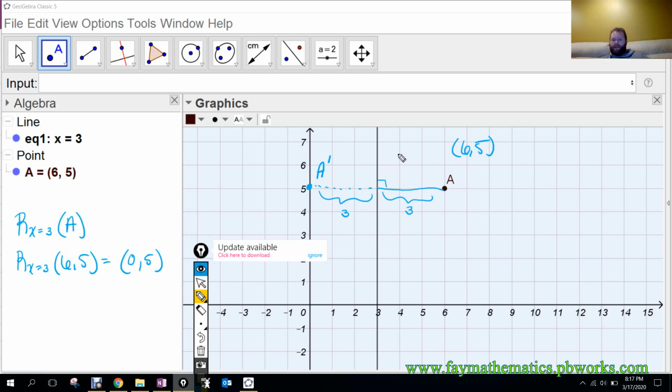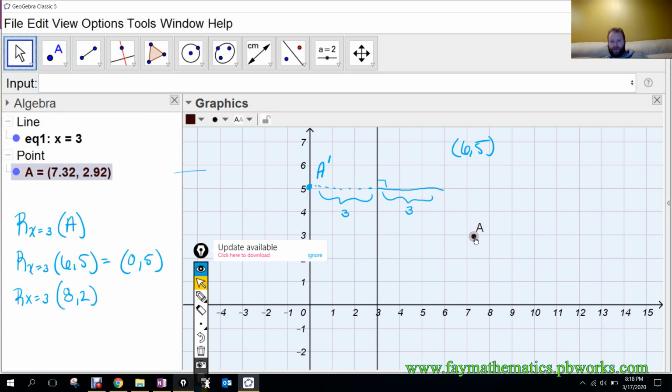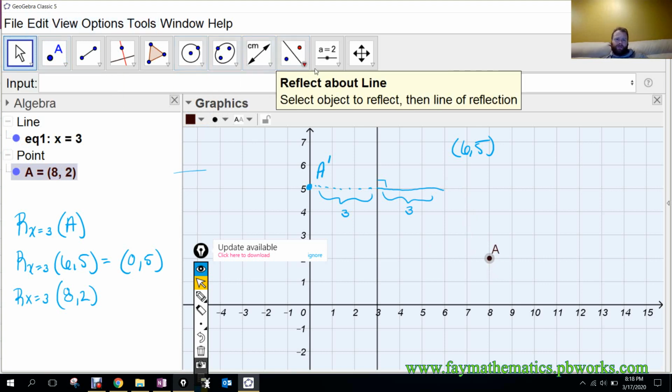If you think about what we did here, we'll maybe do another one here. Let's just go x equals 3 again. The point, let's go 8, 2, and see where that gets reflected to. So all I've got to do is move this point down here to 8, 2, and we'll reflect over that line.